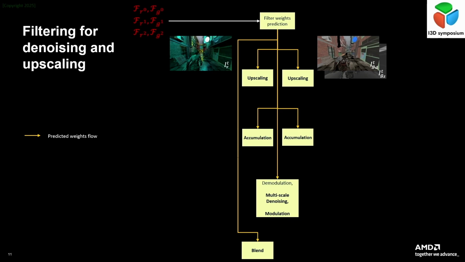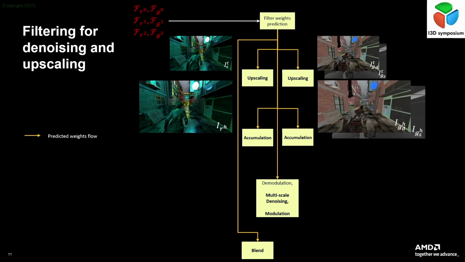Now we have 6 different feature maps from our feature extraction network model. Now we need to run our filtering stage. The first step is to predict the filtering weights based on the features we learned from the feature extraction network model. Then we apply the upscaling filter to the low resolution noisy radiance as well as guiding albedo buffers.